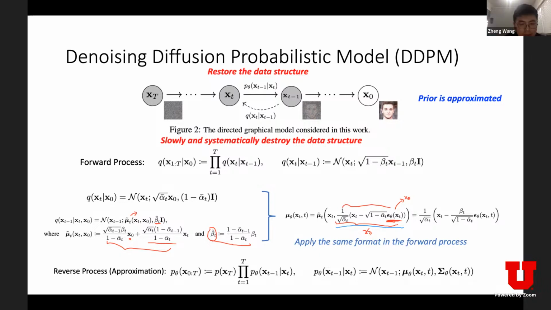Yes. So if I don't know x0, why not just model it as a neural network where the input is xt and also the time step t? Yes, you can.